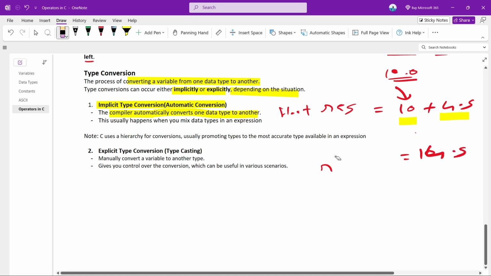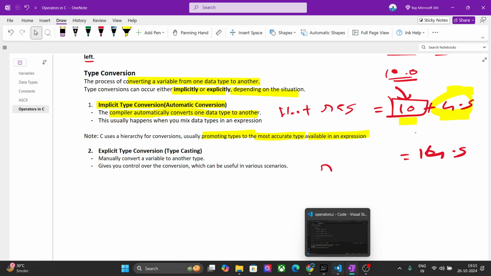So how does the compiler do this? As we have seen, the compiler will always go with the most accurate type. That is, it will promote the types to the most accurate type available in an expression. Since float is more accurate than an integer, my compiler will automatically convert 10 to float. This is called implicit or automatic type conversion.